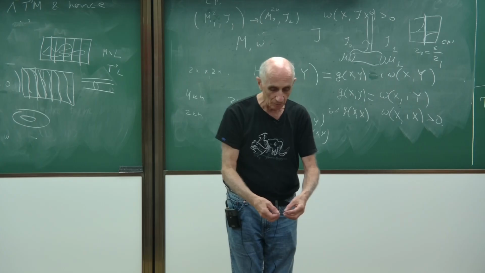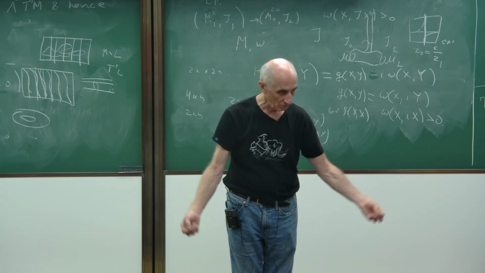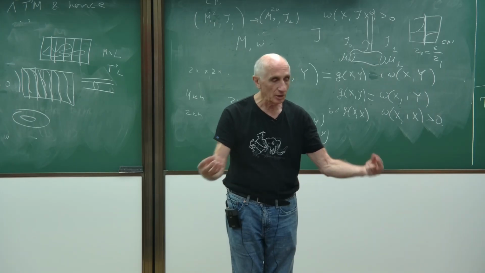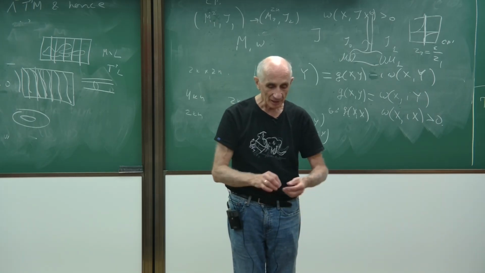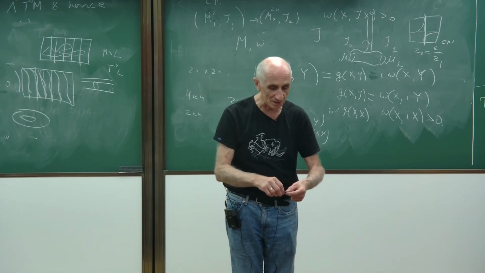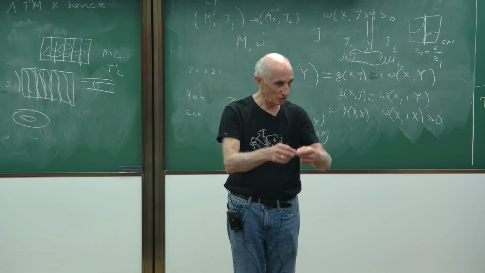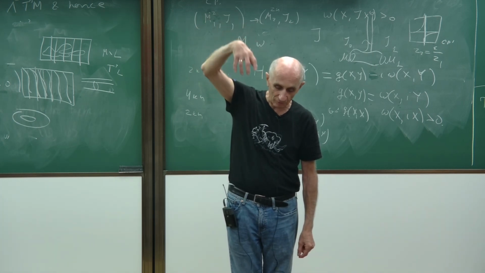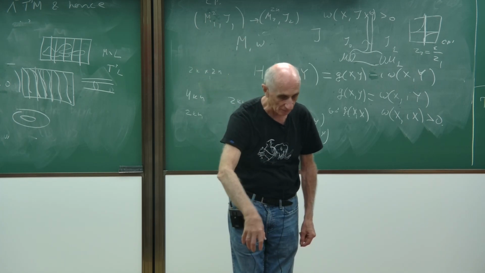For instance, you pick a metric on L, and this metric determines, you take the unit cotangent bundle, and then you get what are called Reeb trajectories, which are just geodesics. So this holomorphic curve is asymptotic to some geodesics.